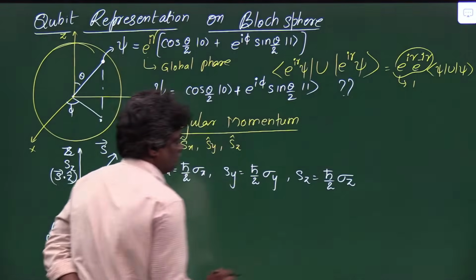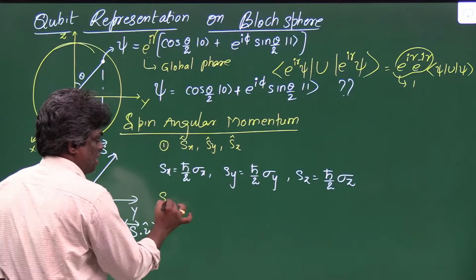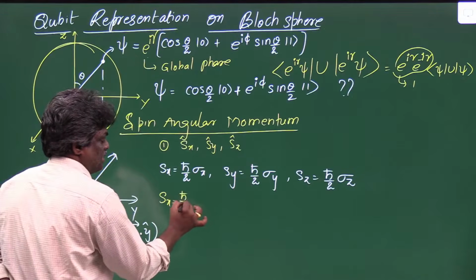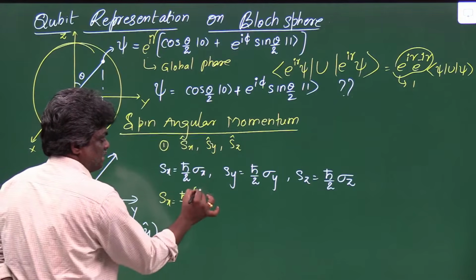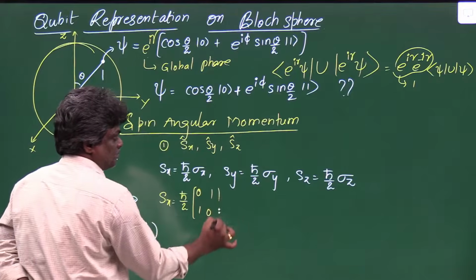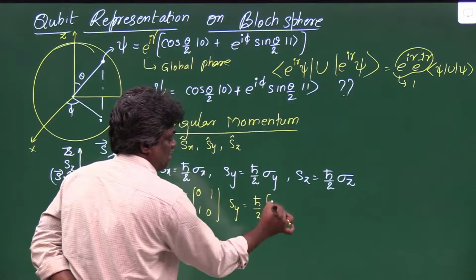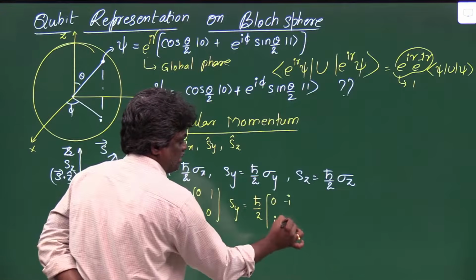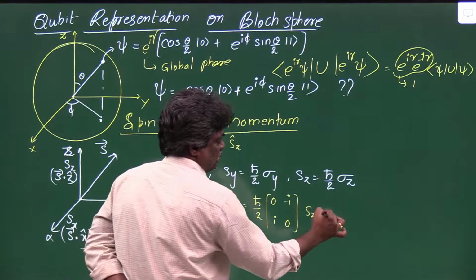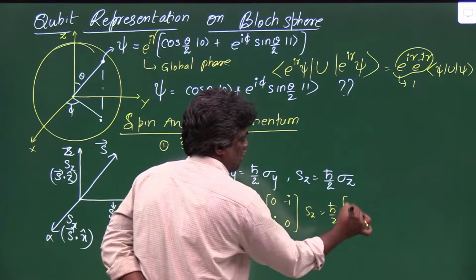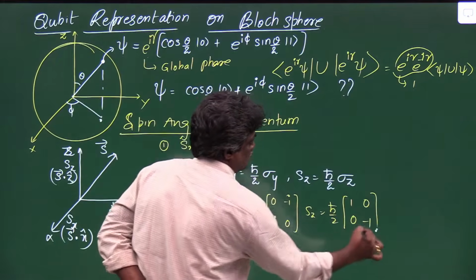Okay, sir? Right. Now let me write Sx first: H cross by 2, sigma x, matrix 0, 1, 1, 0. Sy: H cross by 2, sigma y, matrix 0, minus I, I, 0. Sz: H cross by 2, matrix 1, 0, 0, minus 1.